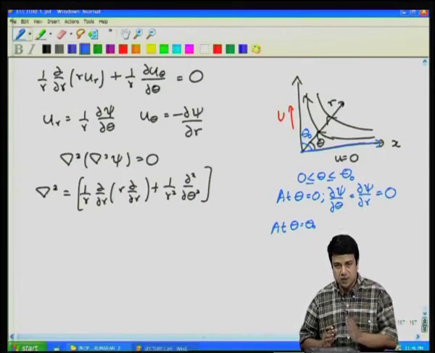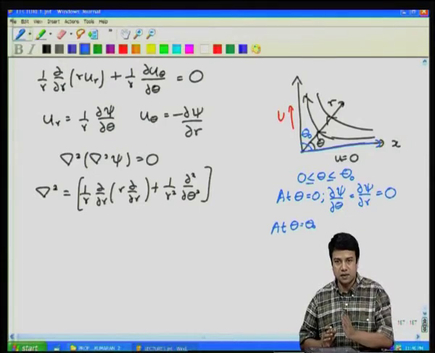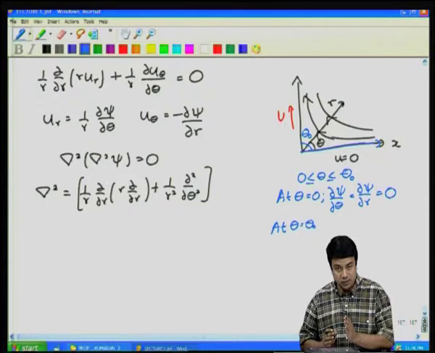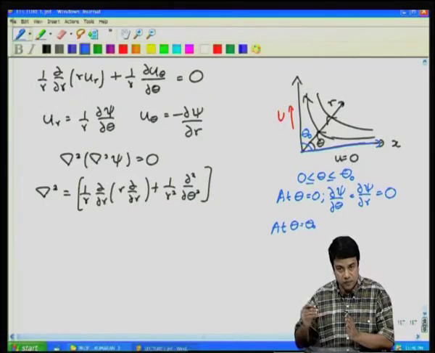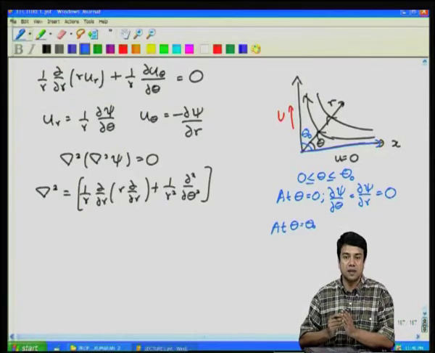It is tangential to the surface. The surface is along the radial direction. Therefore, the velocity is along the radial direction. That means that u r is non-zero. U theta is still 0 because there is no velocity perpendicular to this plane, which is along the radial direction.